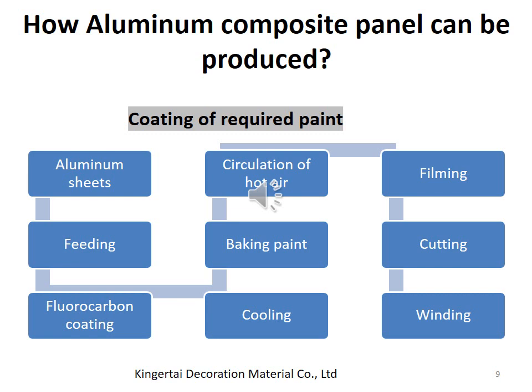The total thickness of the three-layer paint is about 30 micron. Each layer of paint needs to be baked at about 200 degrees Celsius for 60 seconds to dry it. After the oven bake, it is quickly cooled by an air cooler.